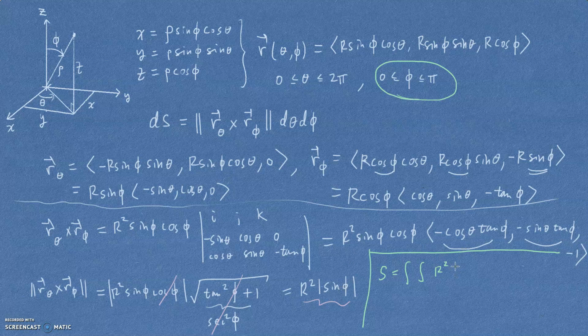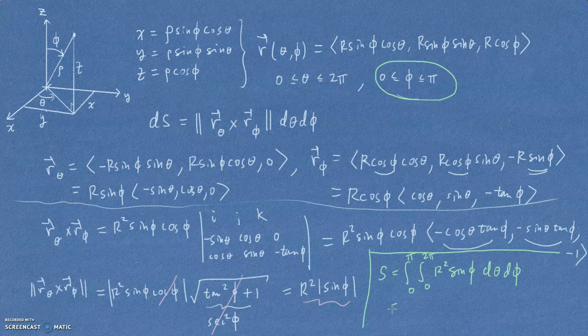So let's just write down the appropriate thing here, sine phi. All right. Now don't forget the r theta crossed r phi has to have a d theta d phi at the end of that. Theta is going to range from 0 to 2 pi, whereas phi is going to range from 0 to pi.